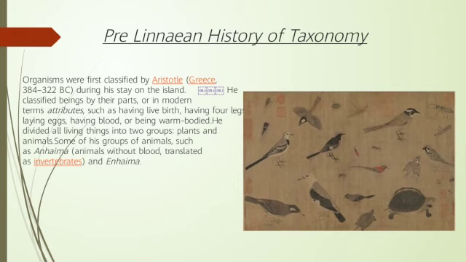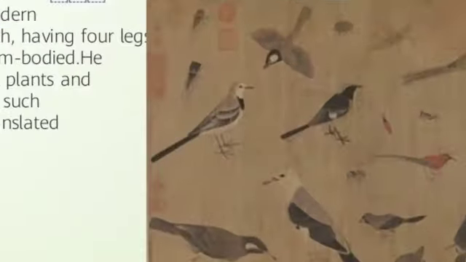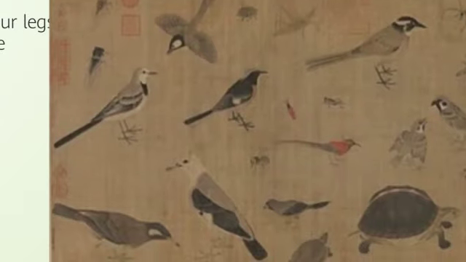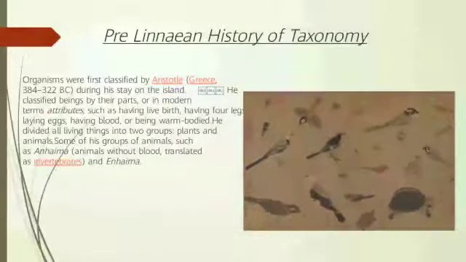He described the animals and plants into two separate groups. Now we will see some animals in this picture. These animals, plants, everything is mixed. He described all the animals and plants into two different groups.